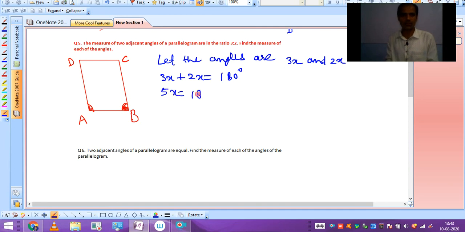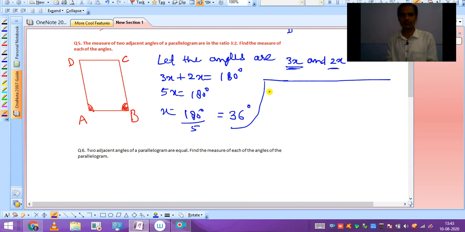Now you can simplify this. 5x is 180 degrees, okay, and x is 180 degrees upon 5, that is 36 degrees. Okay students, now x is 36 degrees. You can just put the value of x here in 3x and 2x.